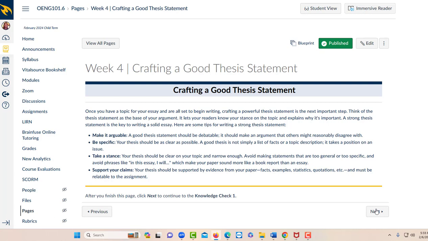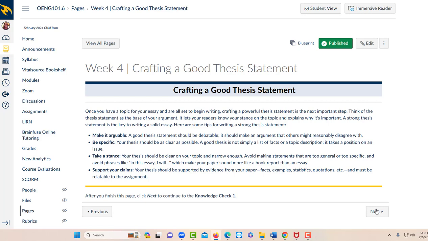Make it arguable. A good thesis statement should be debatable. It should make an argument that others might reasonably disagree with. Be specific. Your thesis should be as clear as possible. A good thesis is not simply a list of facts or a topic description. It takes a position on an issue. Take a stance.